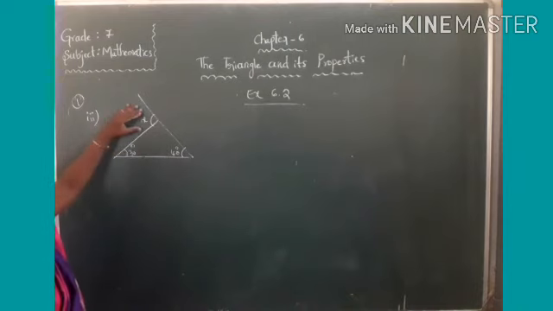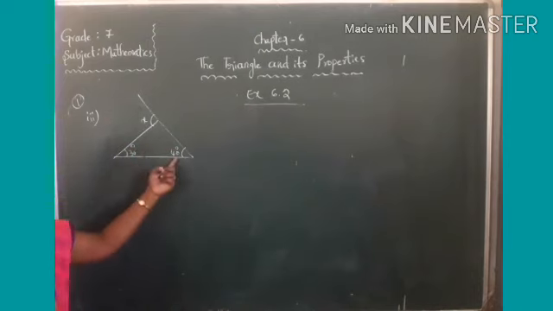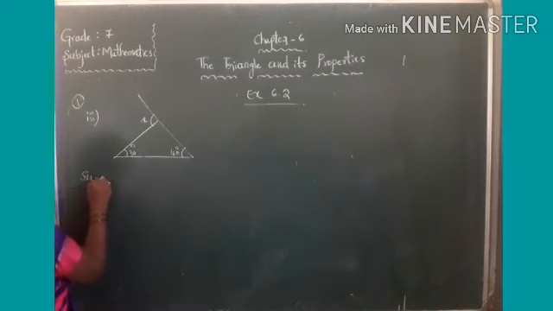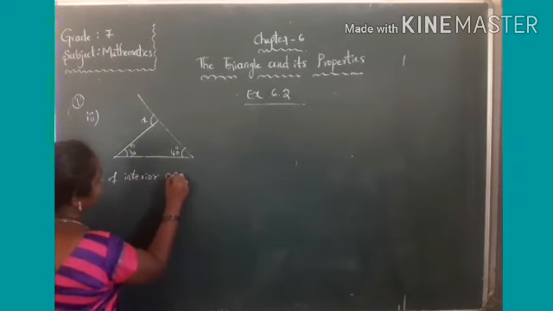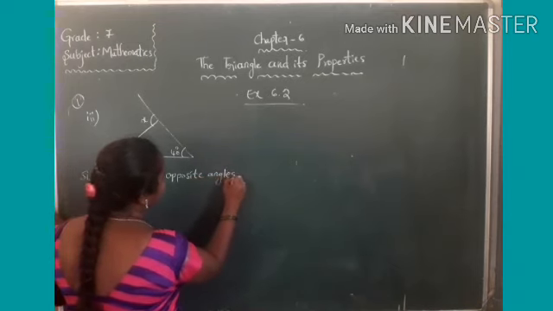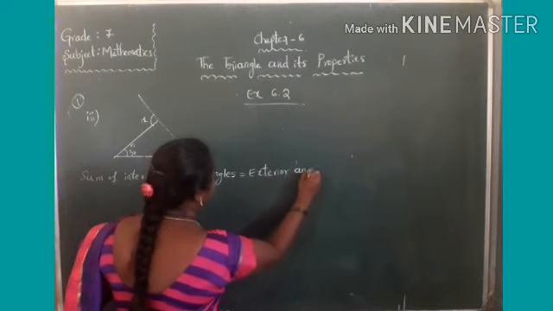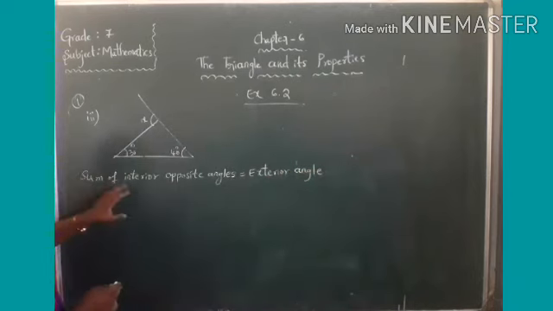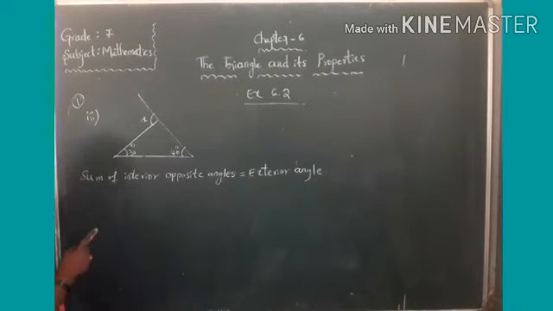The exterior angle is formed here. So what are the interior opposite angles? Yes, 30 degrees and 40 degrees. Here the sum of interior opposite angles is equal to the exterior angle. This exterior angle's opposite interior angles are these two angles. Okay? Always I am reminding you.